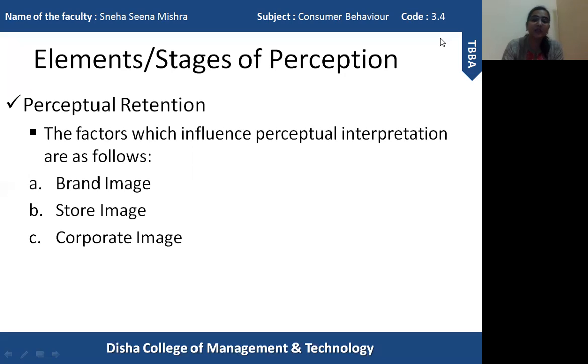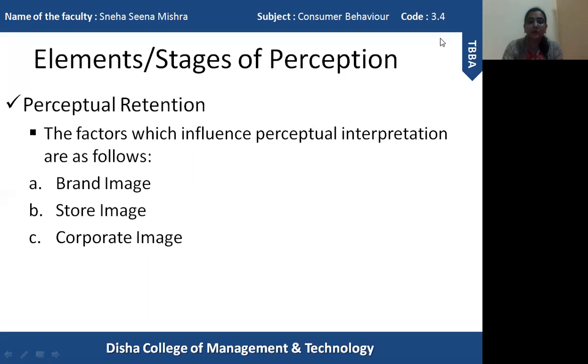So even if the company has not been in the market for many years, when it is going to launch a new product, people will go and purchase. That is the power of the brand, that is the power of the corporate image. So if consumers remember a particular brand, a particular product, then they will definitely purchase the product in future.